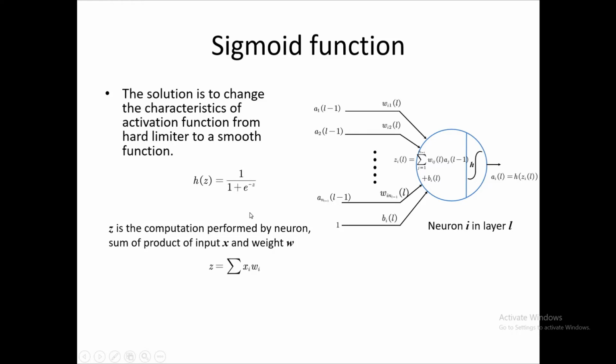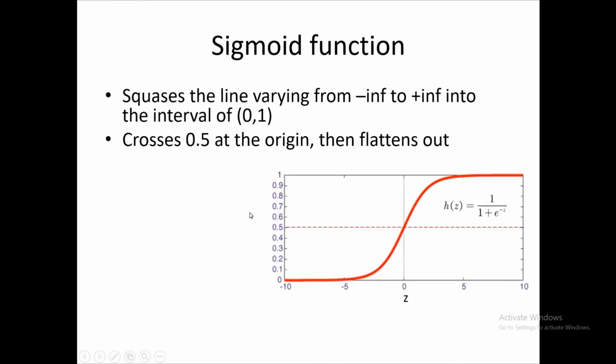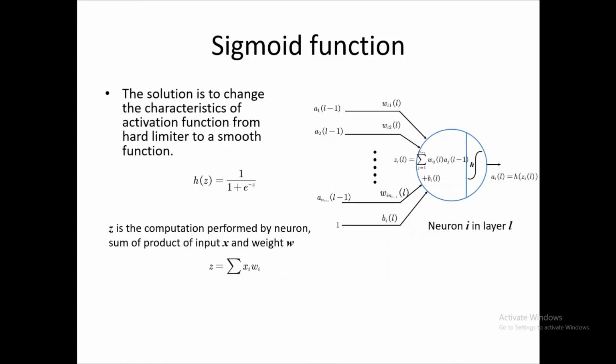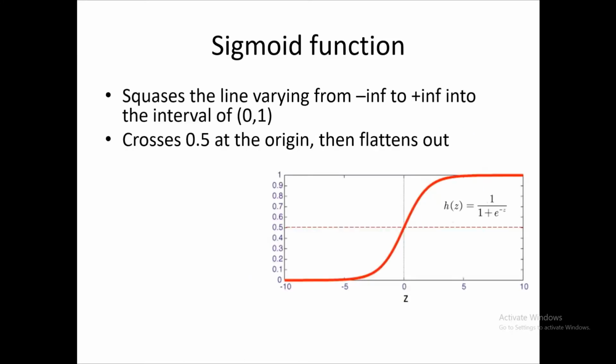Let us see how it looks. It squashes, or squeezes, the line varying from -infinity to +infinity into the interval of 0 and 1. We can see the output varies from 0 to 1, and it crosses 0.5 at the origin, and then it flattens out.